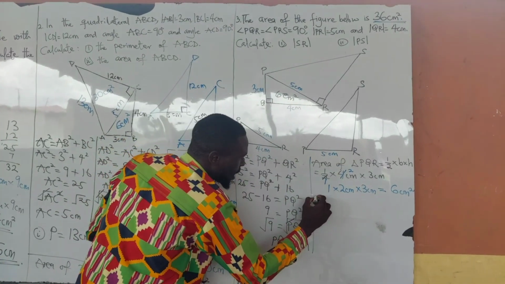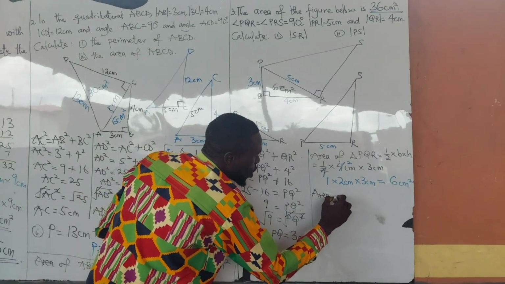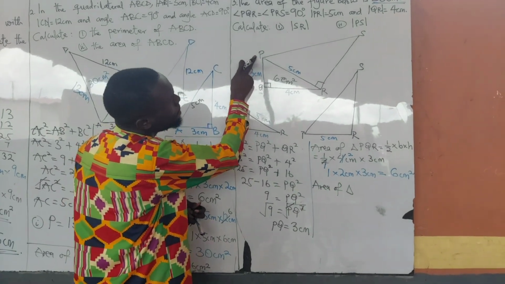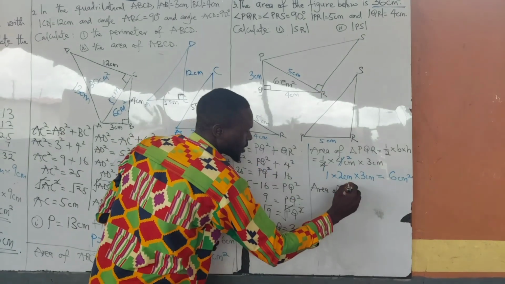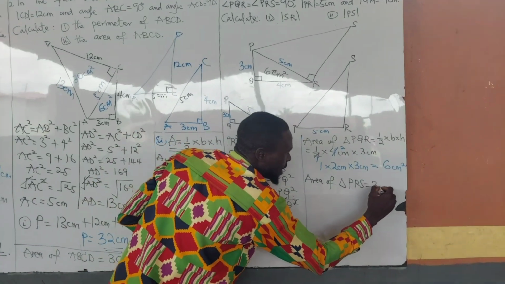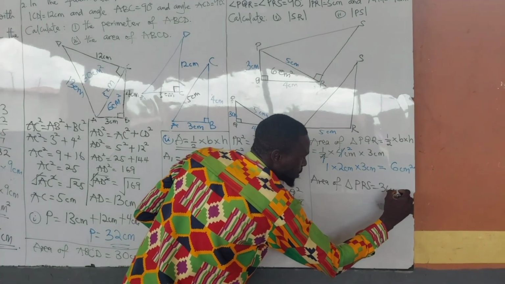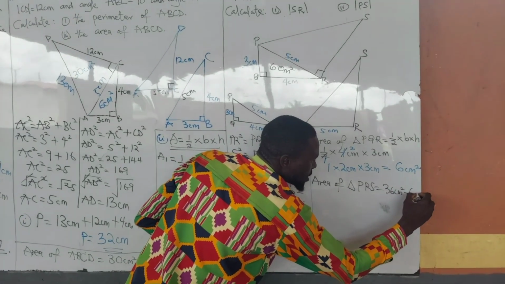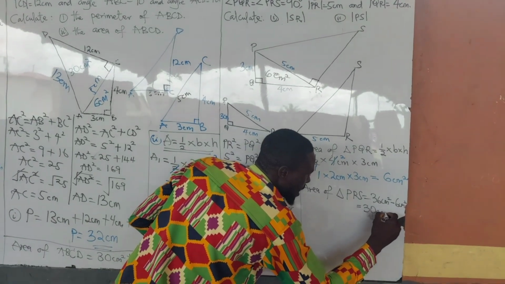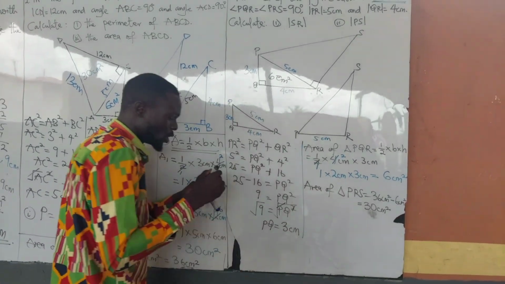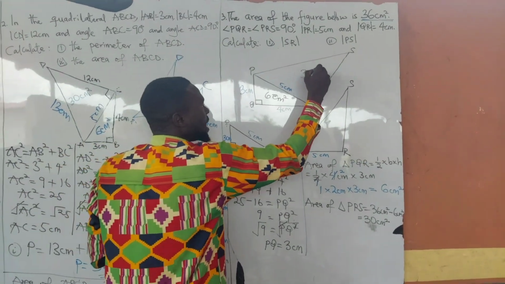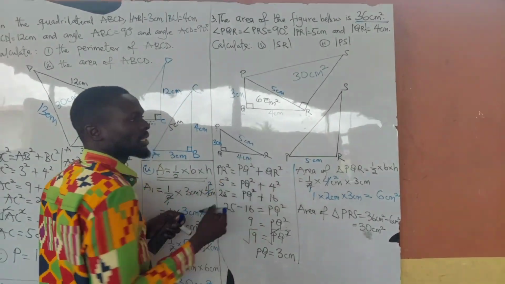Area of triangle PRS is going to be 36 centimeters squared minus 6 centimeters squared. This is going to give me 30 centimeters squared. So the area of this figure is 30 centimeters squared.